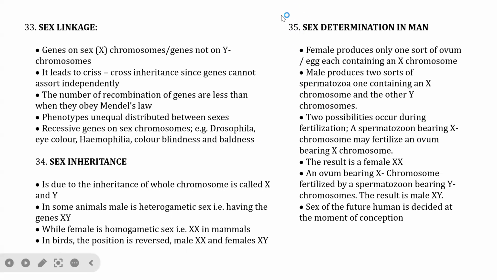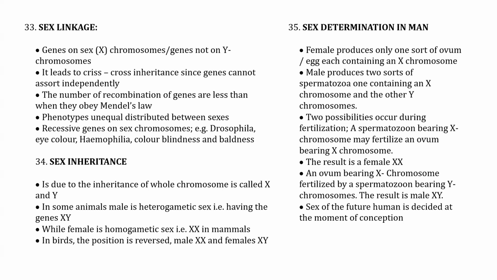Okay, now 35. Sex determination in man. How do you determine sex? Female produces only one sort of ovum or egg, which contains X chromosome. Female will always have X chromosome. Male produces two sets of spermatozoa, one containing an X chromosome and the other containing a Y chromosome. So there are two possibilities during fertilization.